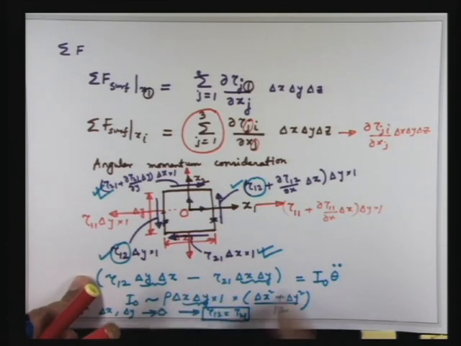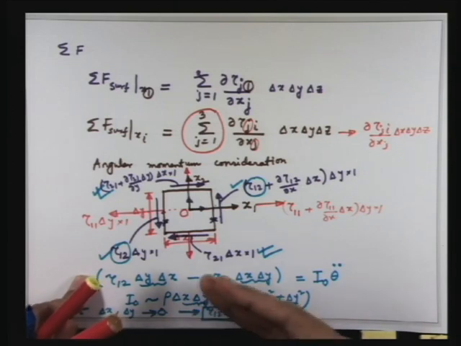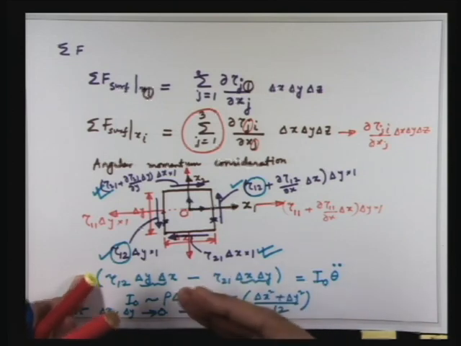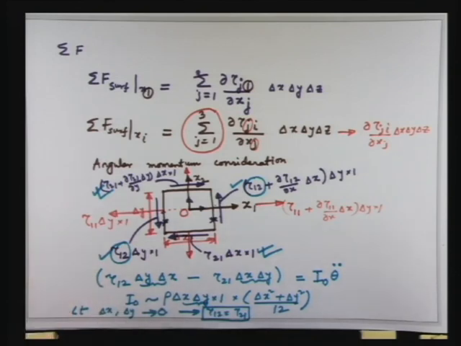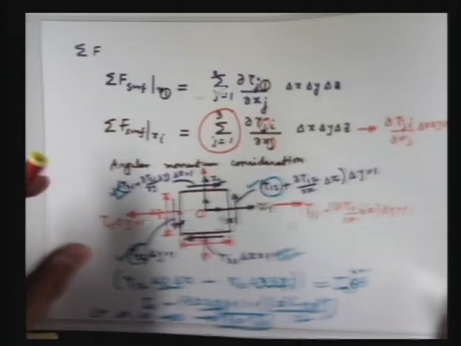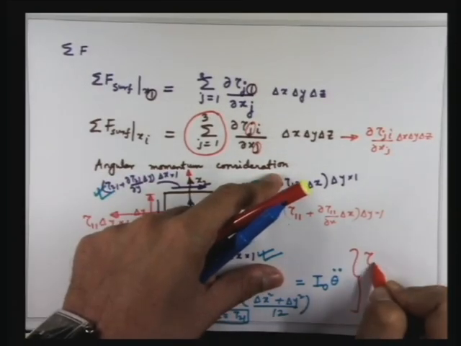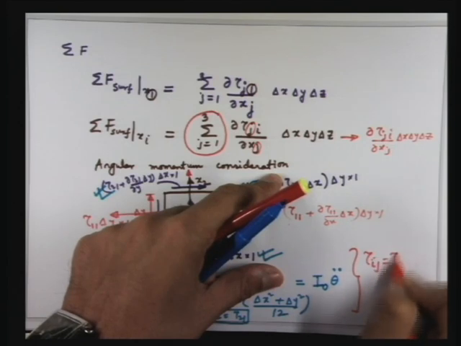So if we have body couple, then tau 21 equal to tau 12 would have not worked. There will be an additional term due to the body couple. So we have to understand that this derivation is based on an assumption that there is no body couple. Okay. So we can generalize. So what is our inference? That we can generalize from here that tau ij is equal to tau ji.